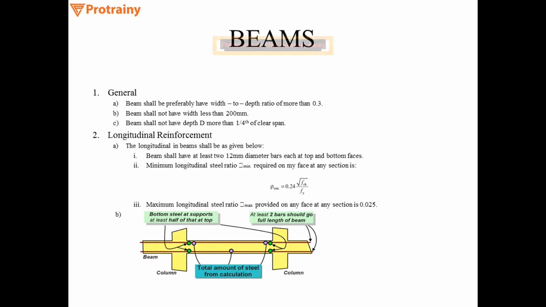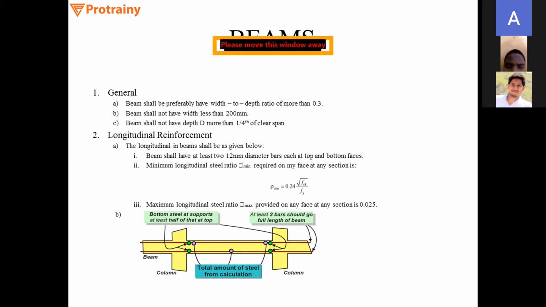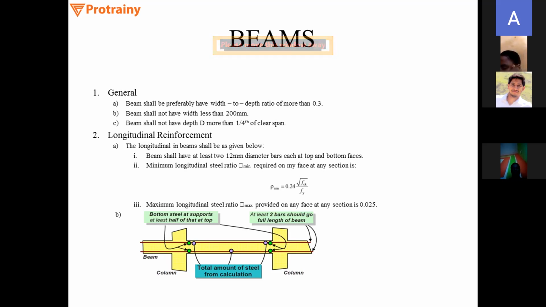The third point is the maximum longitudinal steel ratio, which can be provided at any section of a beam, should be 0.025. It should not exceed this ratio. If you see point B in longitudinal reinforcement, there is an image showing the total amount of steel as per the calculation at the bottom, and at the top end green dots are marked.